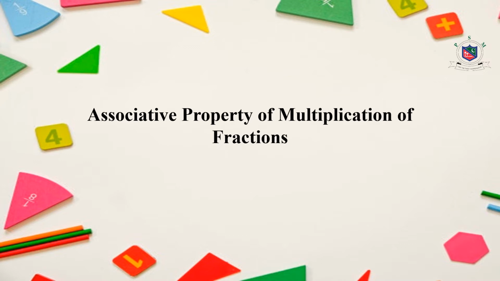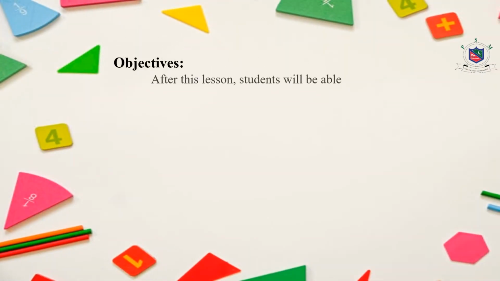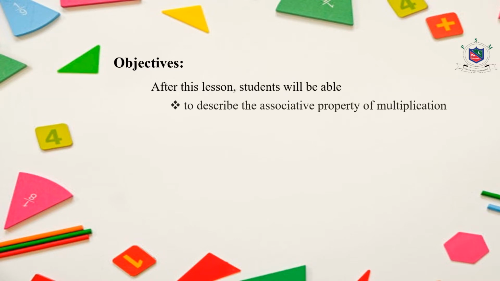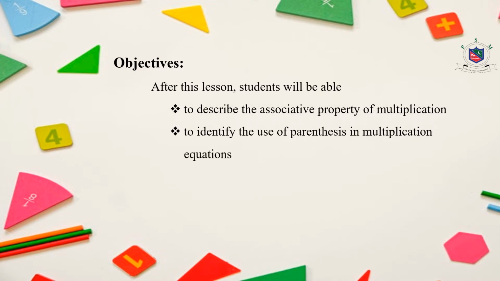So, before starting, let's go through the objectives of our today's lesson. After this lesson, we shall be able to describe the associative property of multiplication. We shall be able to identify the use of parentheses in multiplication equations.